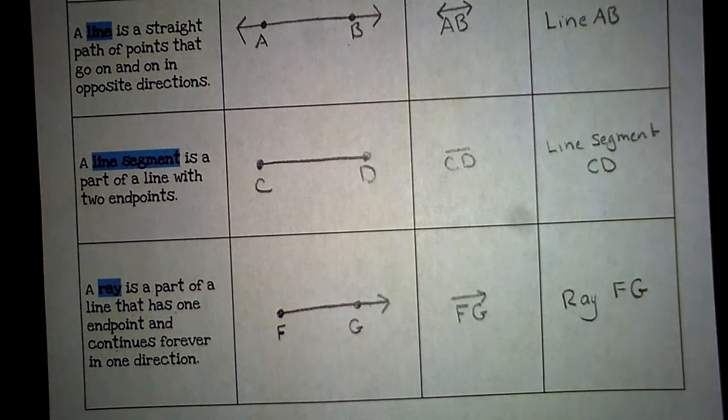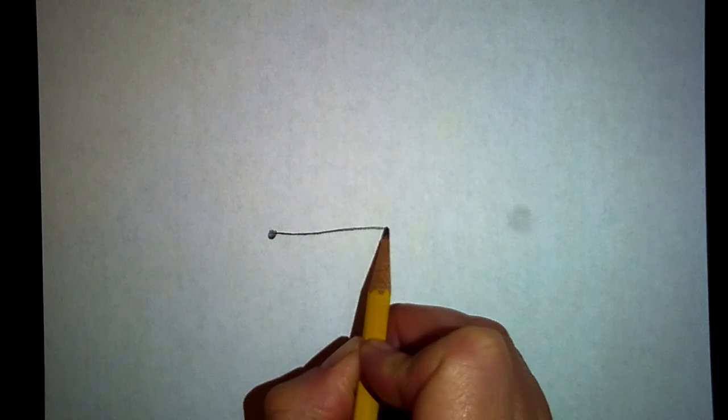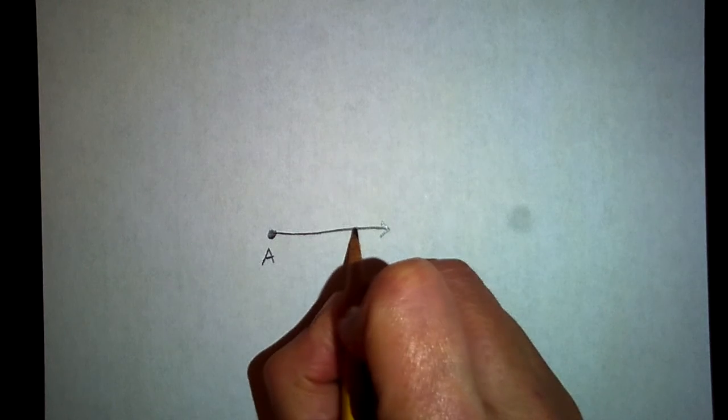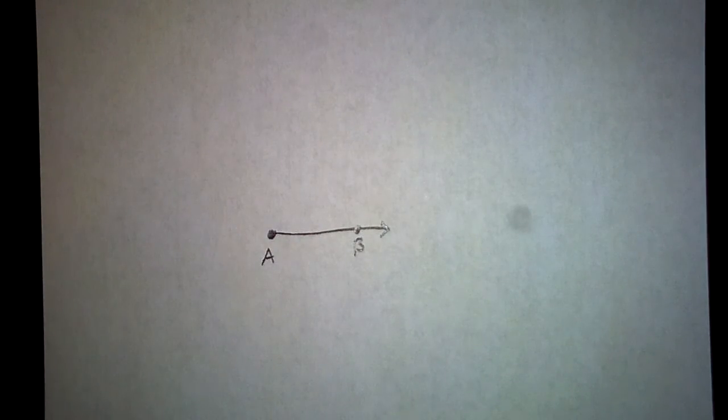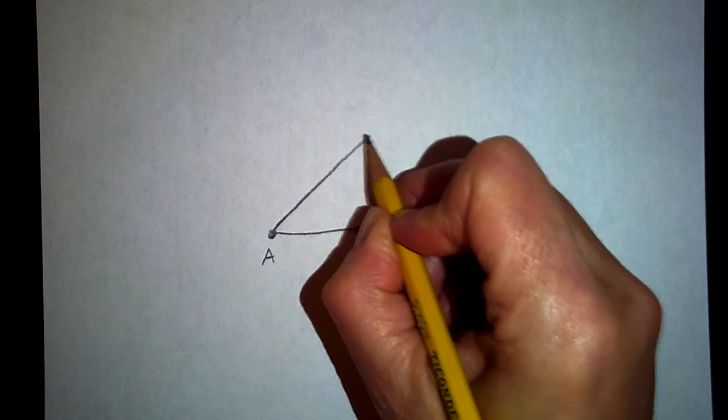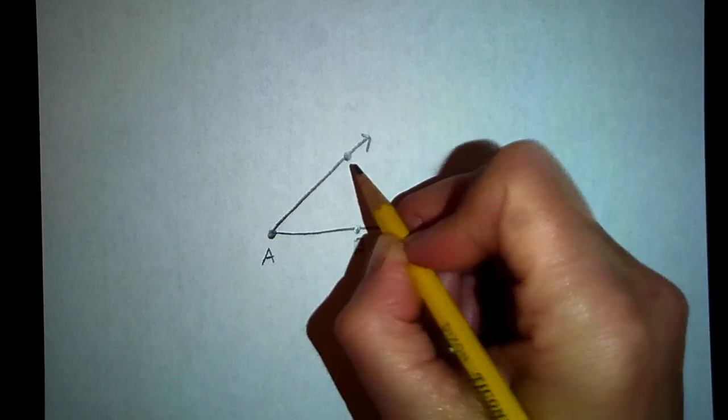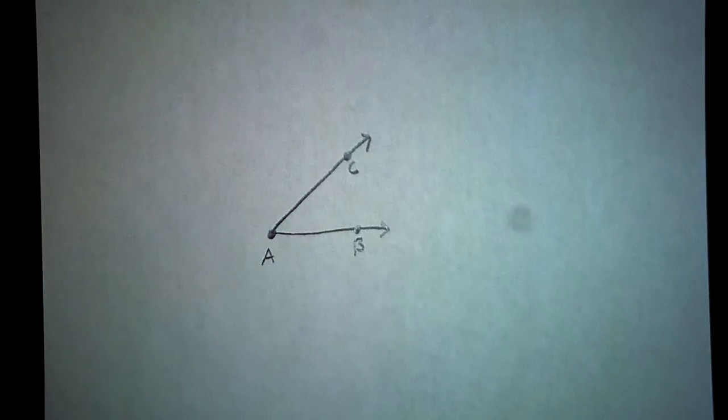A ray can also, and you don't have to draw this, let me move this out from underneath it for just a minute, a ray can form an angle, and we will get to that on Friday, but I just wanted to quickly show you. You could have one ray going in this direction, and then another ray going in that direction.